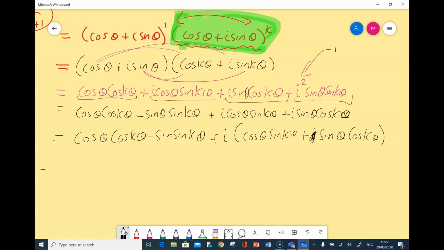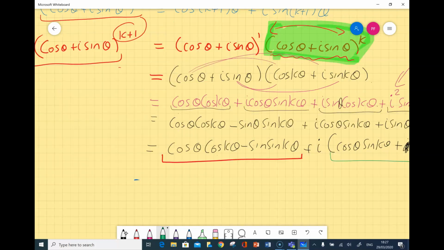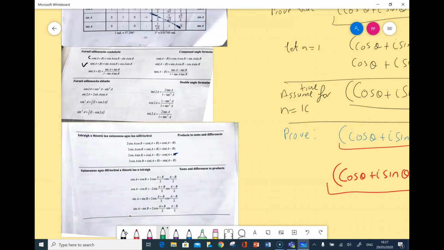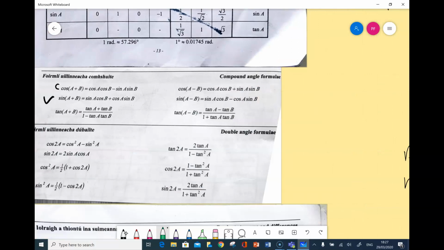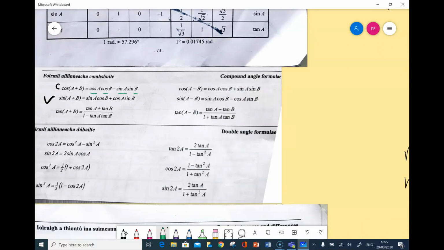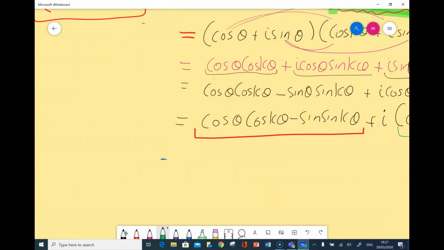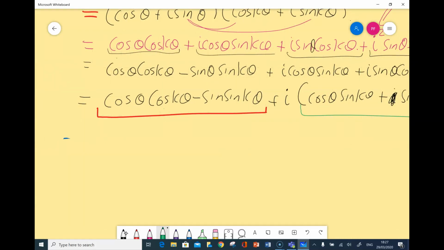So now we have a look at our tables and see if we can spot anything that looks like this. I want cos cos minus sin sin. Here I have cos A cos B minus sin A sin B, which can be written as cos (A+B). So all this would be cos of theta plus k theta.